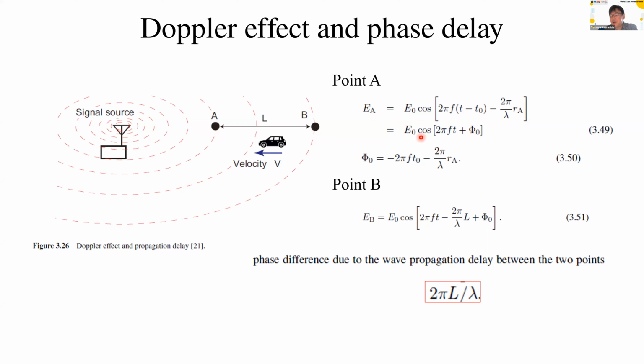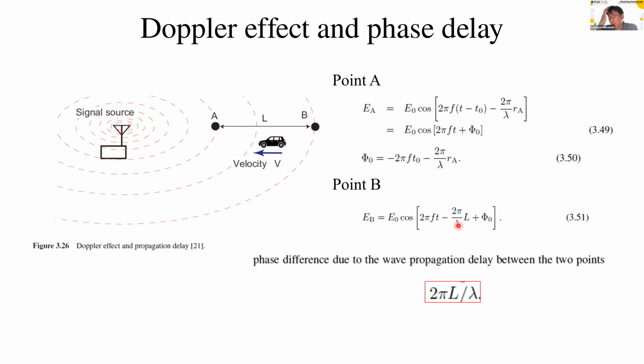If we consider this one a kind of reference, we can just use this equation: it oscillates with the frequency and has an initial phase. And at point B, of course, it would have a phase delay due to propagation from point A to point B, so it can be described by this equation.